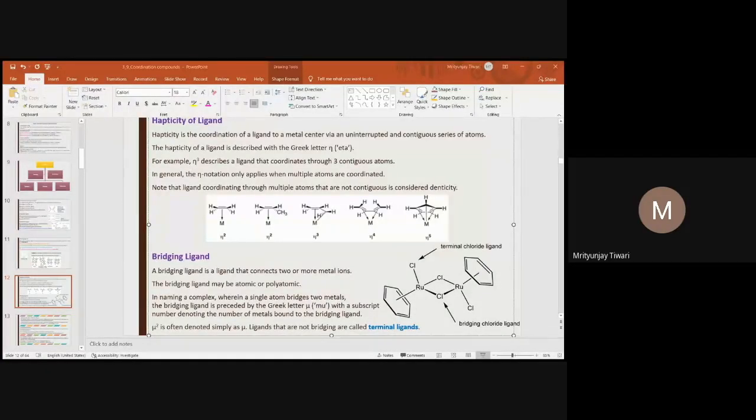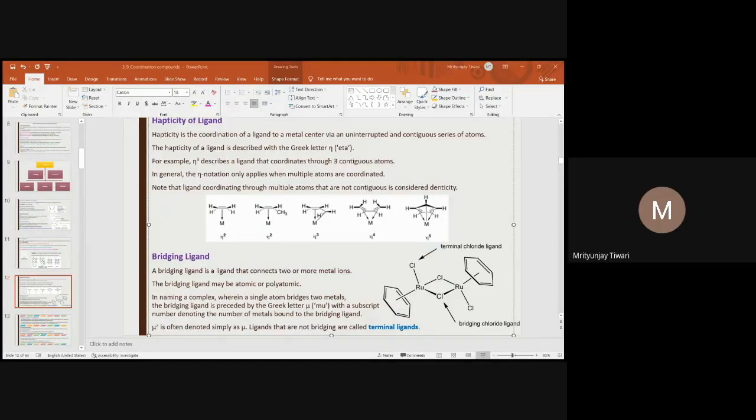When we see how one can write the name of a complex compound as per the IUPAC recommendation, in naming such bridging complexes, wherein a single ligand or single atom bridges two metals, the bridging ligand is preceded by the Greek letter mu, with a subscript number denoting the number of metals bound to the bridging ligand.